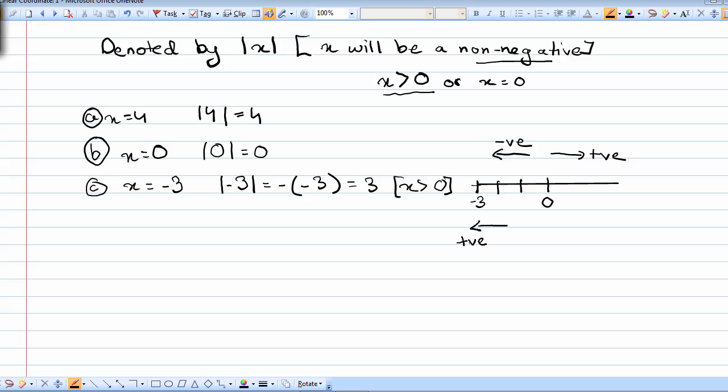If we apply the absolute value notation on this negative coordinate, then it will refer to the opposite side.